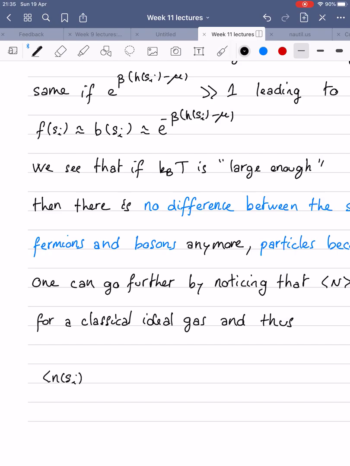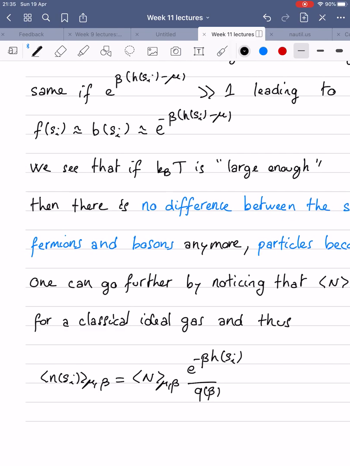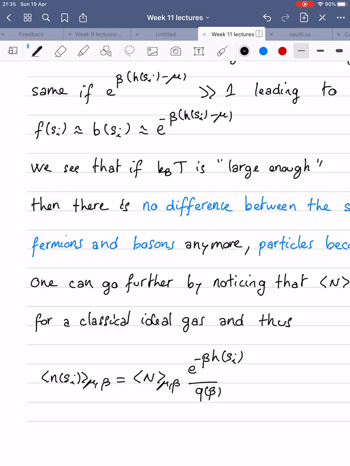N_{s_i}(μ, β) is equal to N(μ, β) times exponential minus β h(s_i), divided by q. In fact, here I should say q of β. Okay, so this is a very, very important formula.